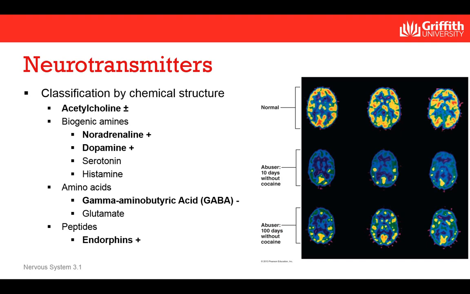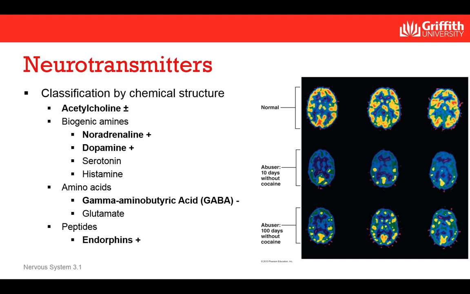We will take a look at some of the following neurotransmitters that are classified by chemical structure. Acetylcholine, the biogenic amines such as noradrenaline, or as it is known in other parts of the world, norepinephrine, dopamine, serotonin, and histamine.